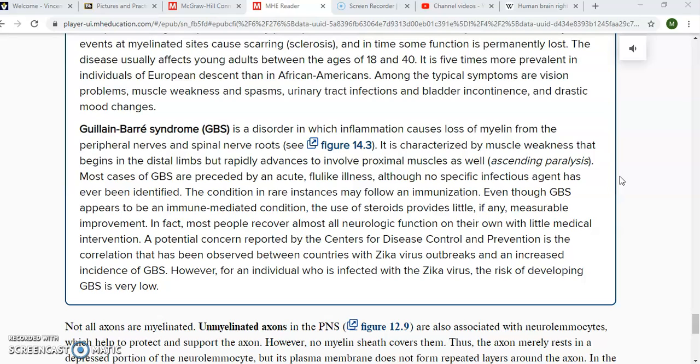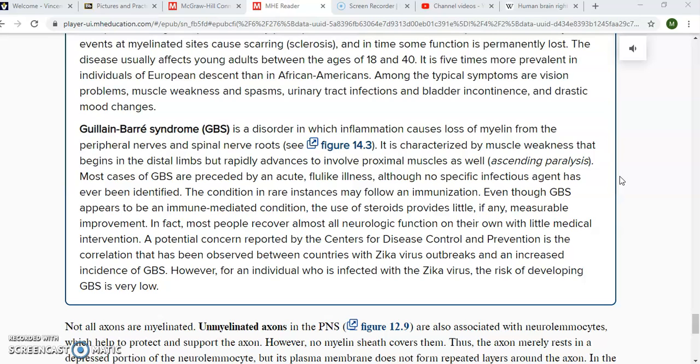They have noticed that most people who develop this syndrome have a flu-like illness before they have the symptoms of GBS. But they never seem to be able to identify a particular bacteria or virus that got the syndrome started and caused the inflammation of the myelin in the peripheral nervous system.